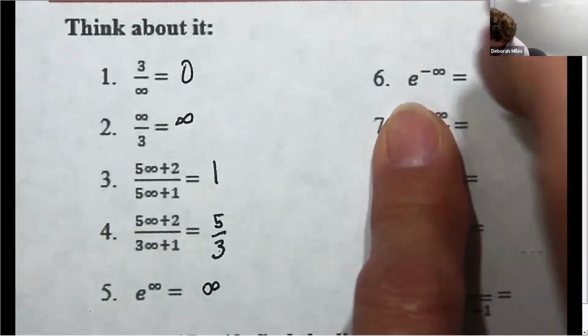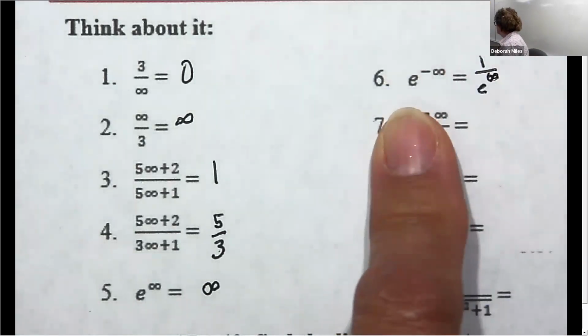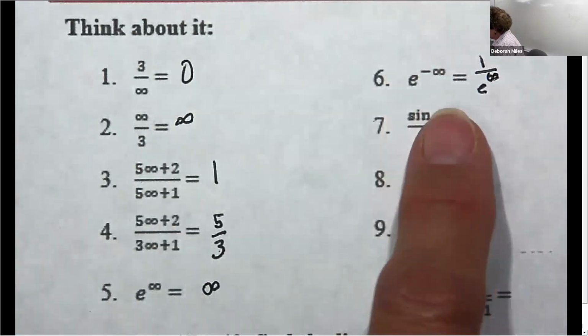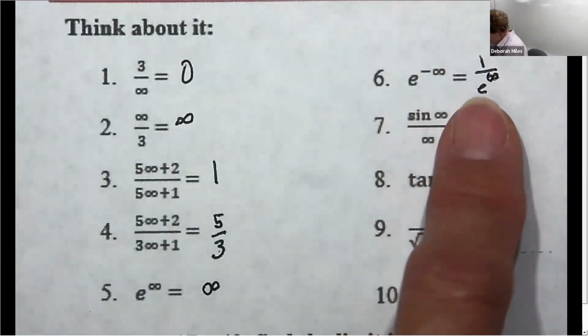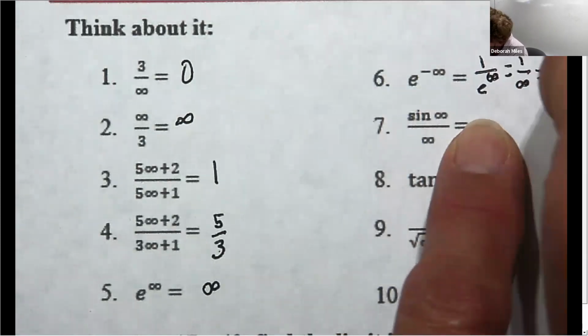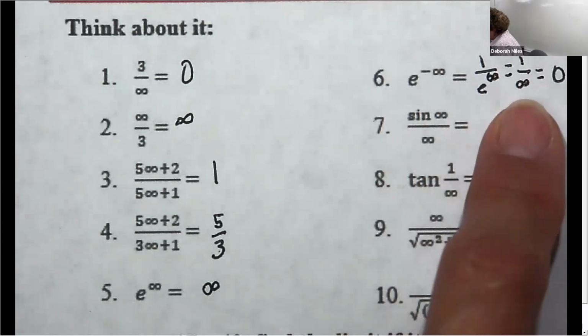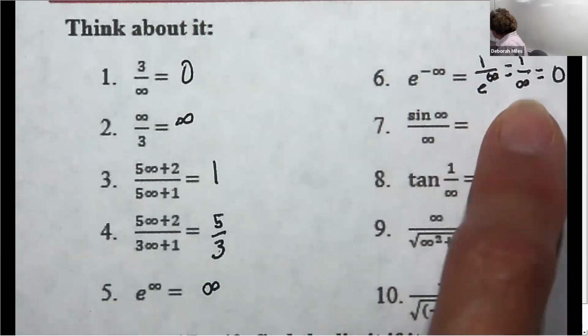Think of it as 1 over e to the infinity. That's about 1 pie divided by infinitely many people. Each person gets practically nothing.